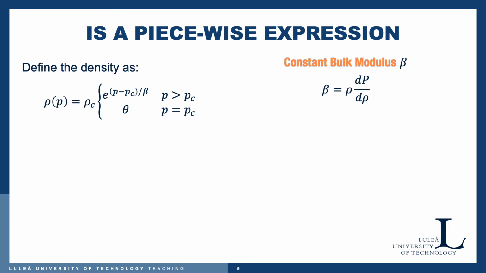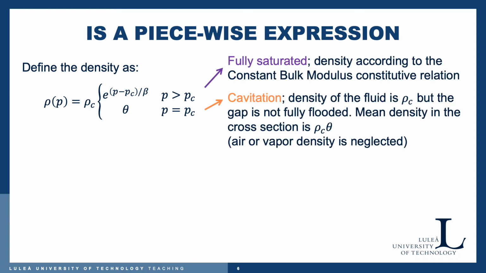And then in the fully saturated region, it is given by the constant bulk modulus type of compressibility, but in the cavitation zone, it's just the cavitation density times the saturation. So in the cavitation region, the density is just rho c times the saturation, and therefore vapor or air density is neglected in this zone.